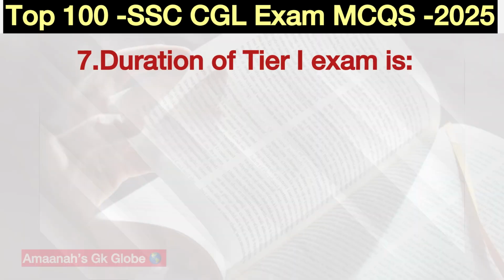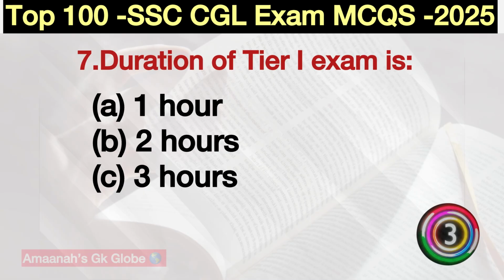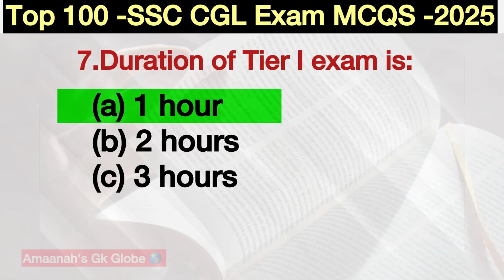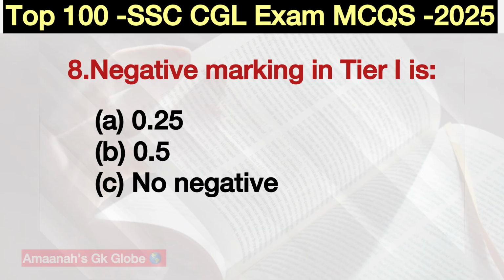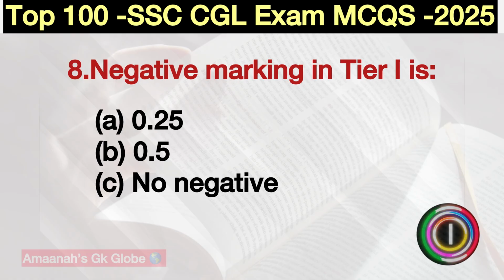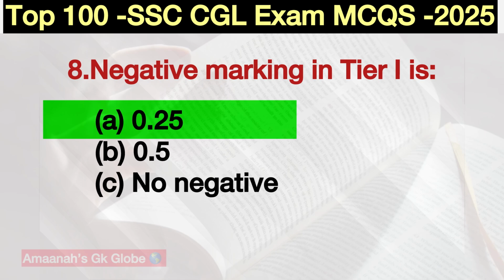Duration of tier 1 exam is? Right answer is option A, 1 hour. Question number 8. Negative marking in tier 1 is? Option A, 0.25.